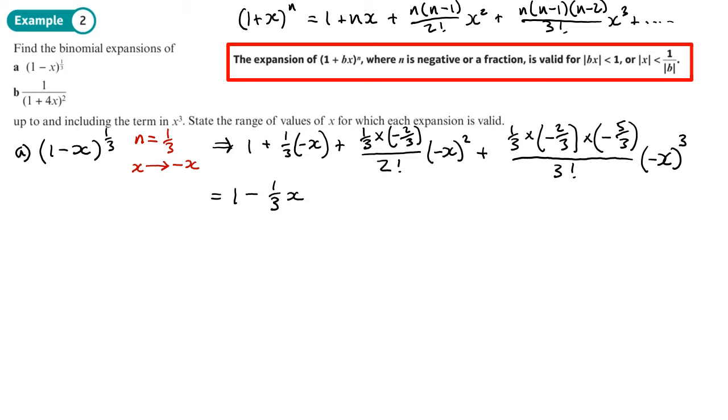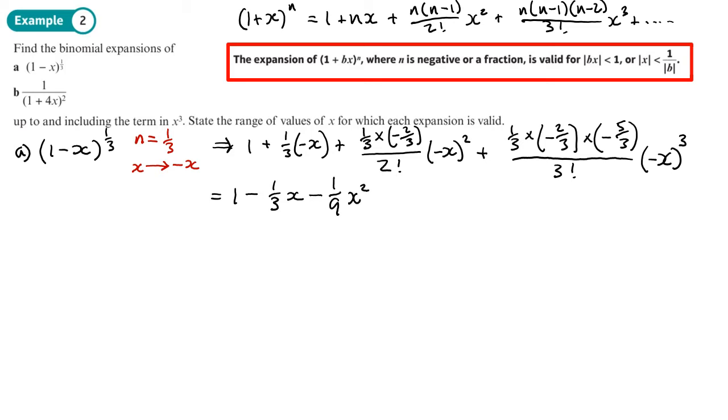Now for the next one, I'm going to have at the top negative, and I think the whole thing is going to be negative because I've got one negative, and this is going to end up being positive anyway. So I've got 2 over 9 divided by 2. So 2 over 9, that divided by 2 will give me 1/9. So I'll get negative 1/9 x squared.